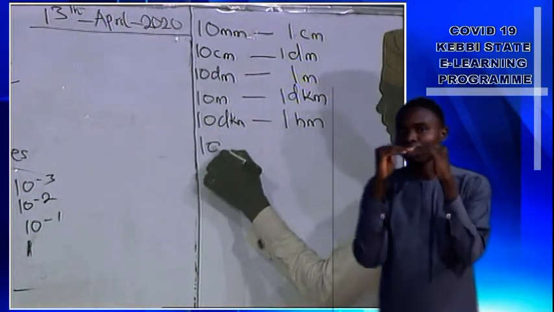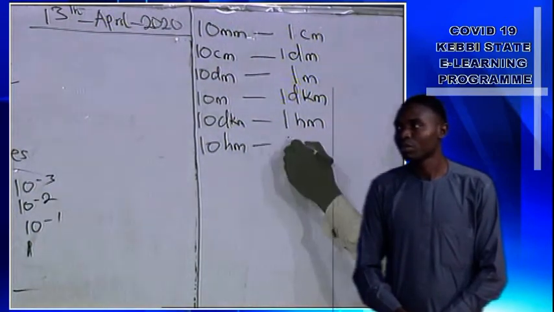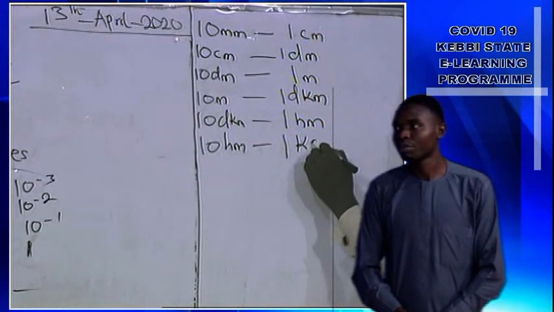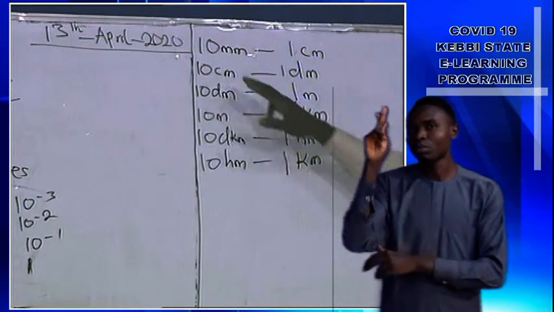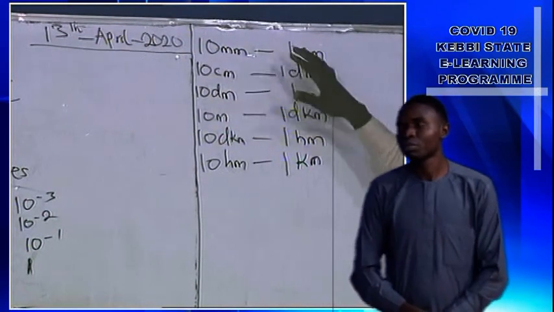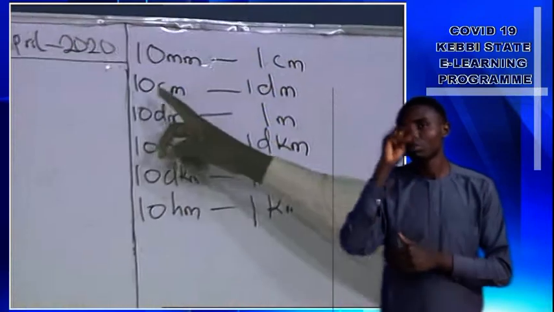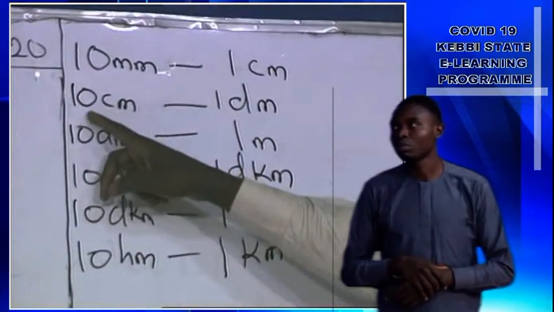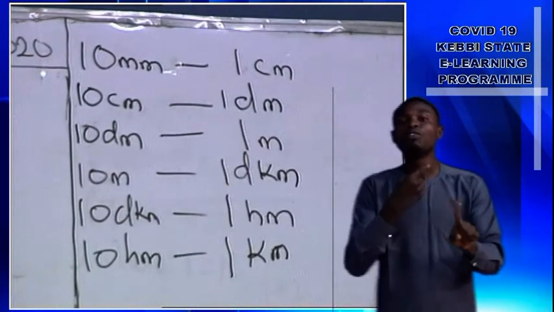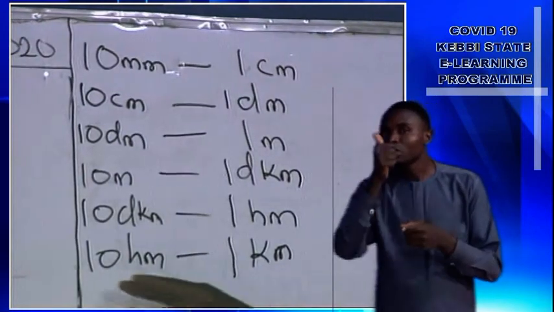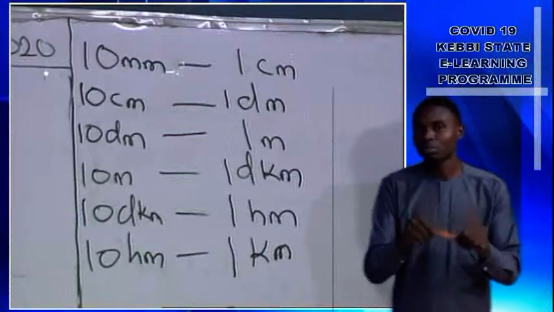Then 10 hectometers will give us 1 kilometer. Now, from 1 up to 10 millimeters give us only 1 centimeter. From 1 to 10 centimeters give us 1 decimeter, up to kilometer. Now, if we want, let us go to conversion.